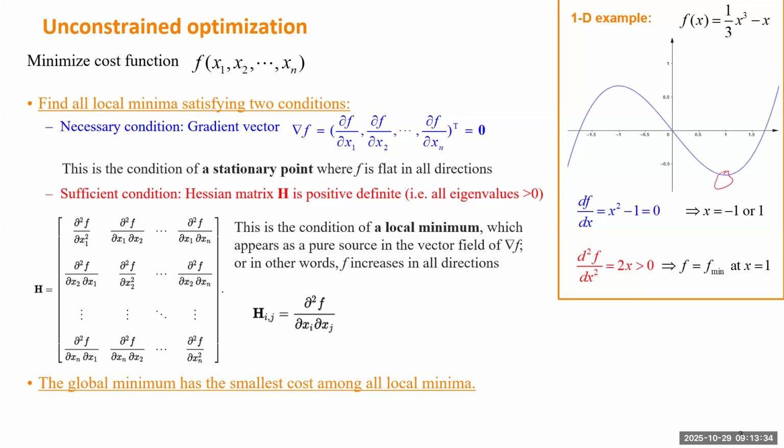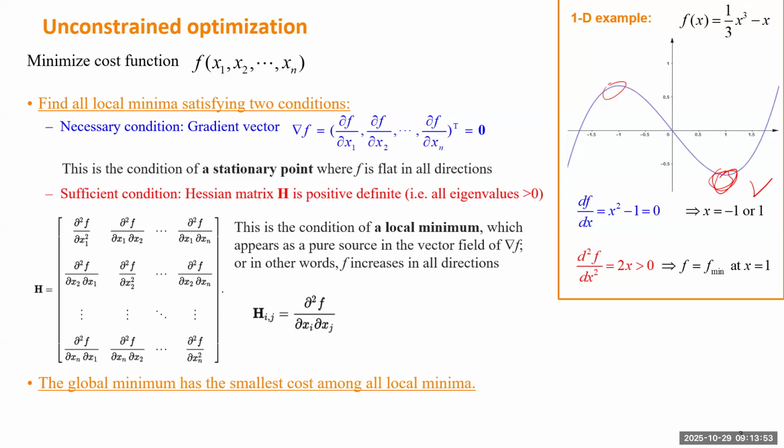So by checking both conditions, you actually can identify stationary points. For this simple example, checking the second condition confirmed this point will be the minimum. So this is a very simple case.